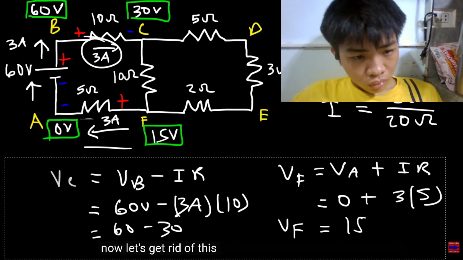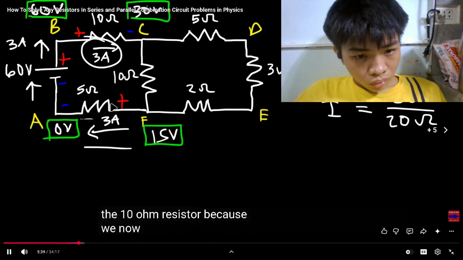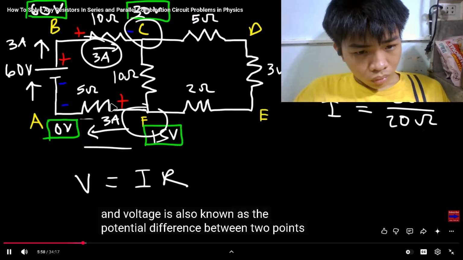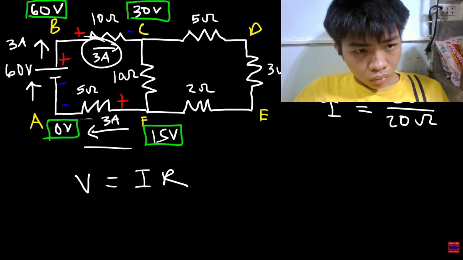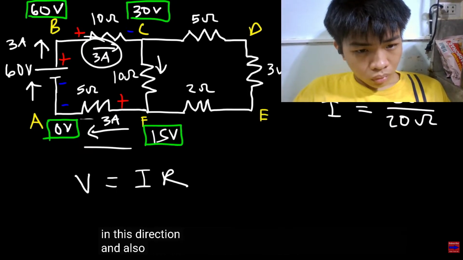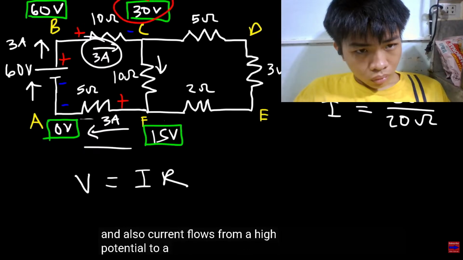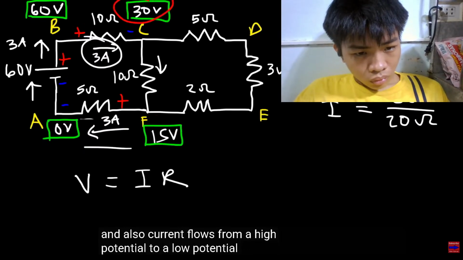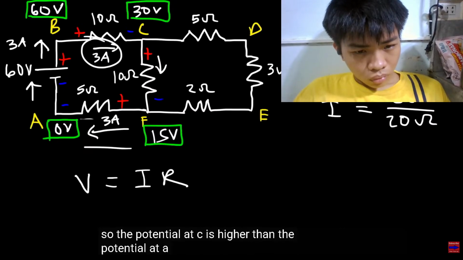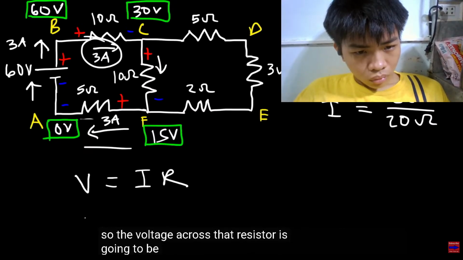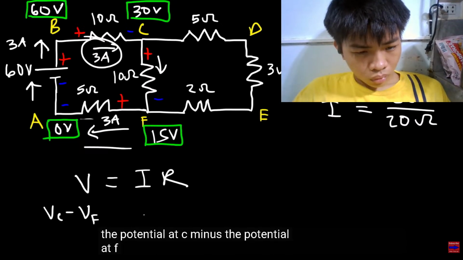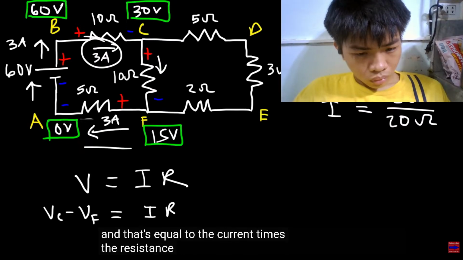Now let's get rid of this because we know the voltage across a resistor is the current flowing through that resistor times the resistance, the difference between 2 points. So we know that the current is flowing in this direction, and also current flows from a high potential to a low potential. So the potential at C is higher than the potential at F. So the voltage across that resistor is going to be the potential at C minus the potential at F, and that's equal to the current times the resistance.